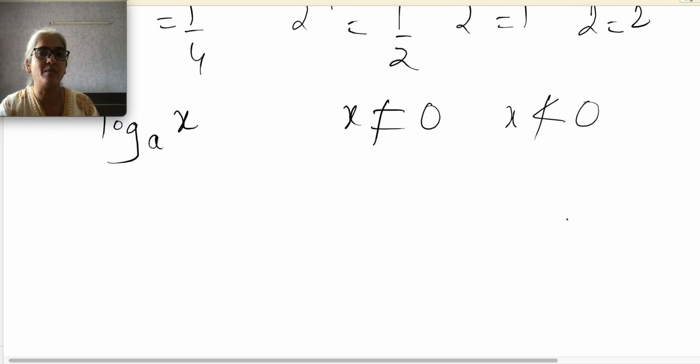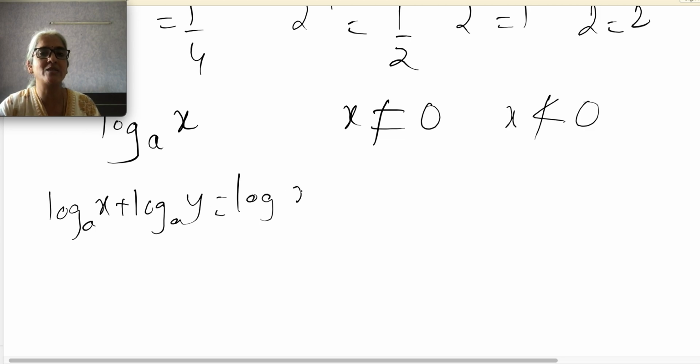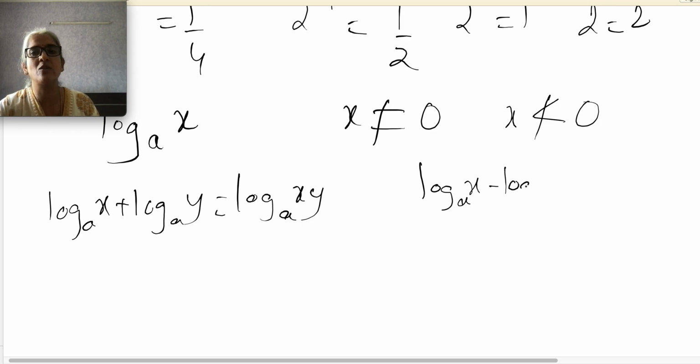So again, let me summarize the rules and that's where we'll go from. Log of x to the base a plus log of y to the base a is log of xy to the base a. Addition is becoming multiplication. Log of x to the base a minus log of y to the base a is log of x by y to the base a.